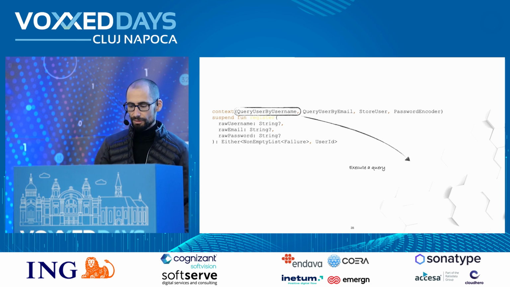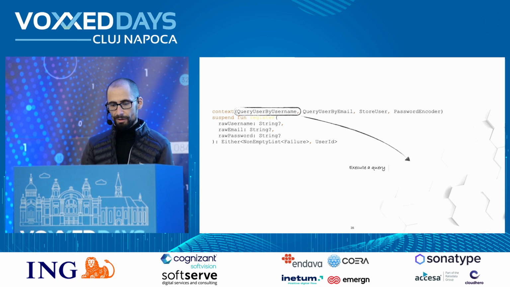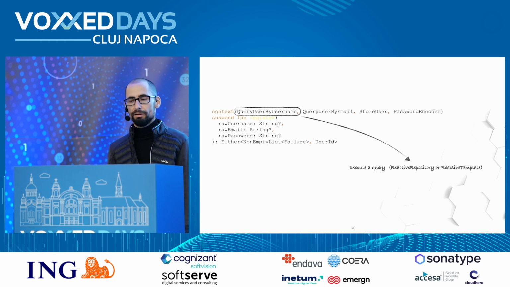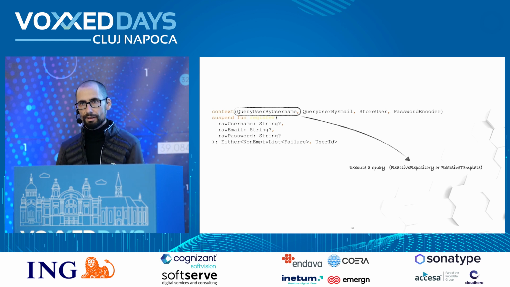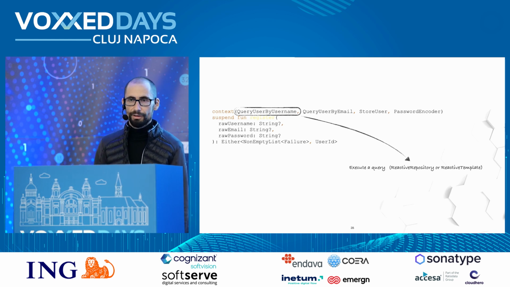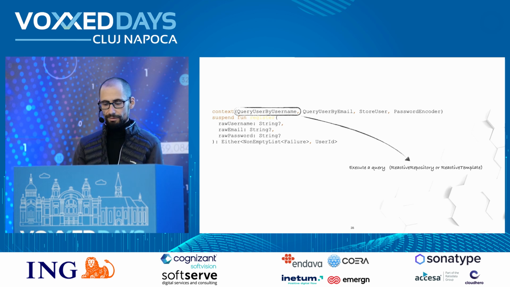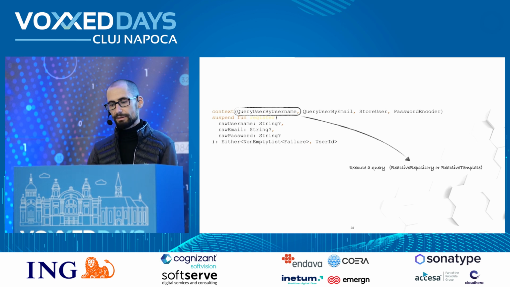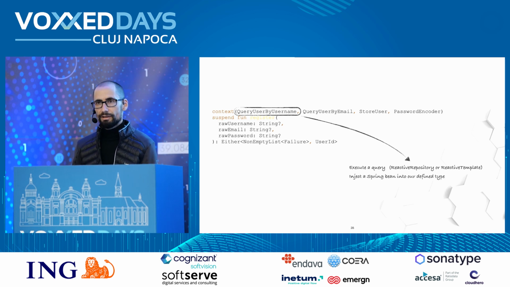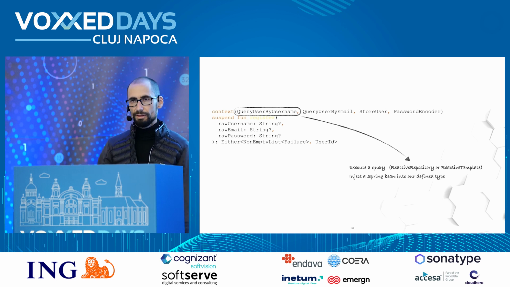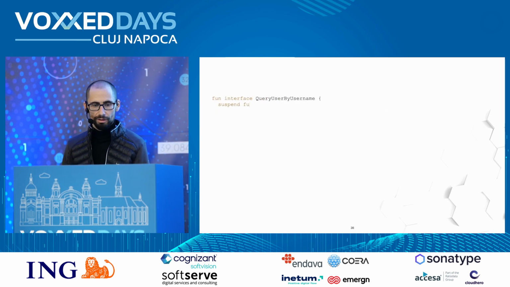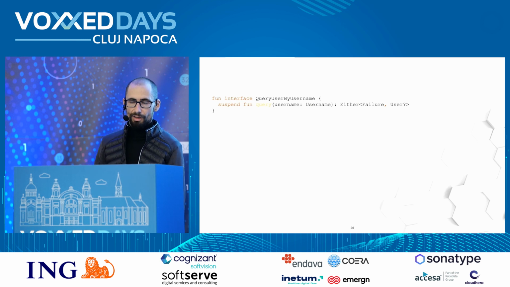We want to use it in a smart way. So to execute a query, we're going to need some reactive repository or reactive template to be able to do that. However, there's another potential issue here. A reactive template is going to be a Spring Bean, but our type is not. It's something that we define. So how can we do this?